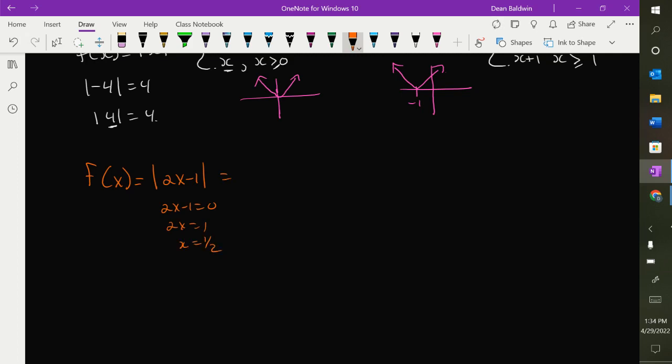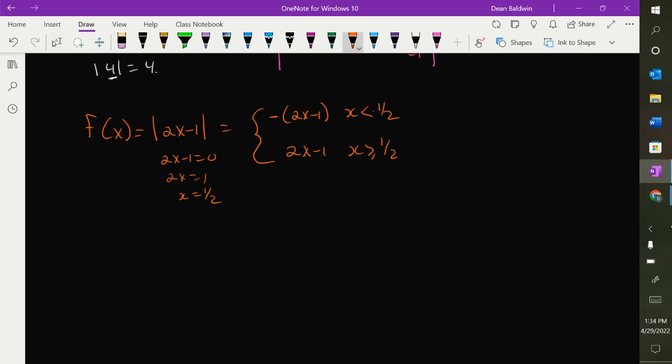So that means you can rewrite that function as the negative of 2x minus 1 when x is less than 1/2, and it's 2x minus 1 when x is greater than or equal to 1/2. And if you look at the graph, what makes the inside of it 0, the 1/2, is your shift. So that's 1/2. So now the graph looks like that.